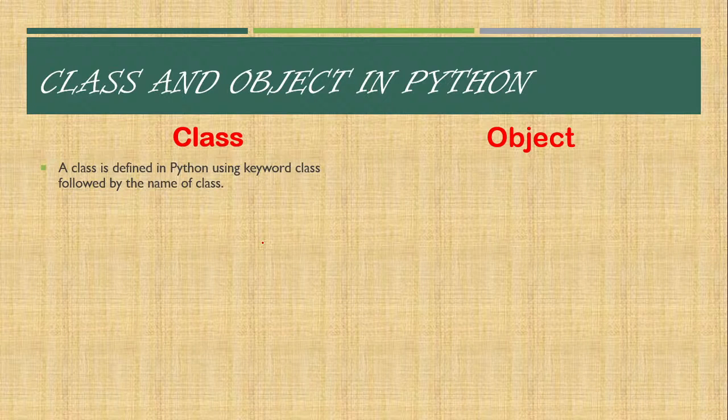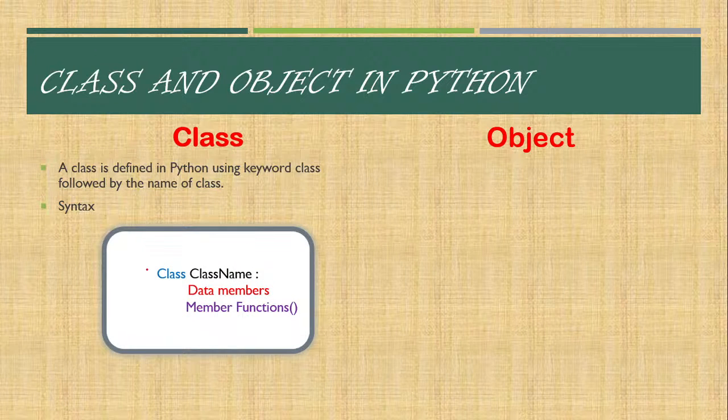Because Python is also an object oriented programming language, the same concept of class and object is used in Python as well. When we want to create a class, we first use the keyword class, and then it is followed by the name of the class. Then there are some features for a particular type of entity.